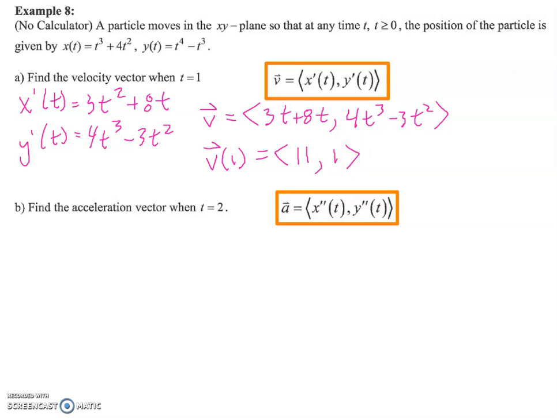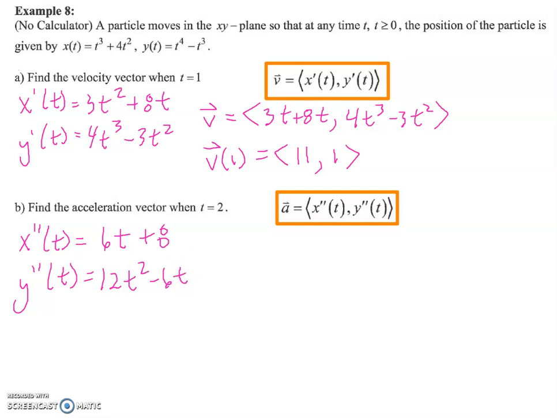Right. Now for the acceleration vector, we just need x double prime of t and y double prime of t. So x double prime of t, we already know x prime, so we're going to take the derivative again, 6t plus 8. And then y double prime of t is going to equal 12t squared minus 6t.